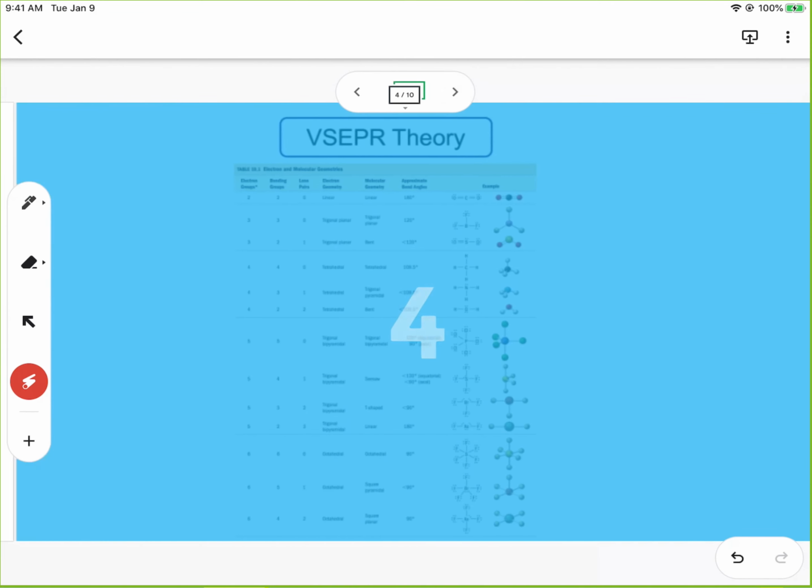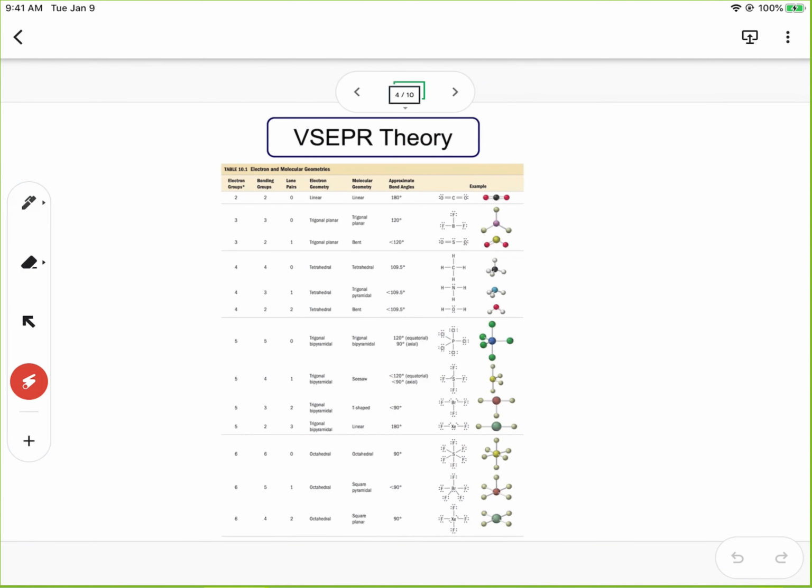All right, so these are the procedures, and this is a table that can help us identify the molecular geometry and electronic geometry. Here it lists the bond angle also, and you can see that it has 3-digit codes. Our job is to identify the 3-digit codes. The first digit is the electron groups from step 2, then bonding groups from step 3, and lone pairs from step 3.